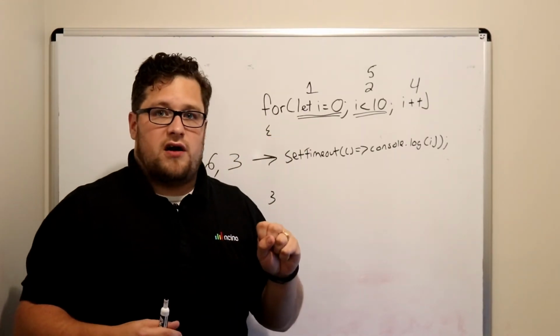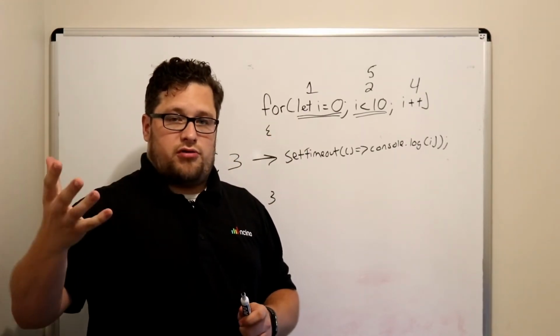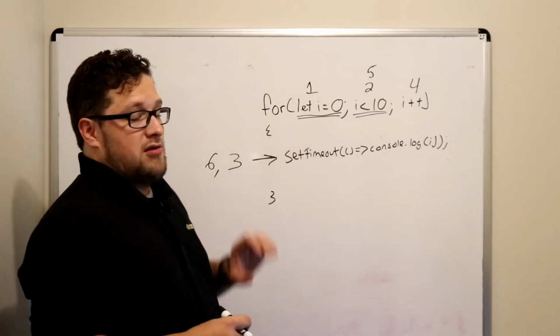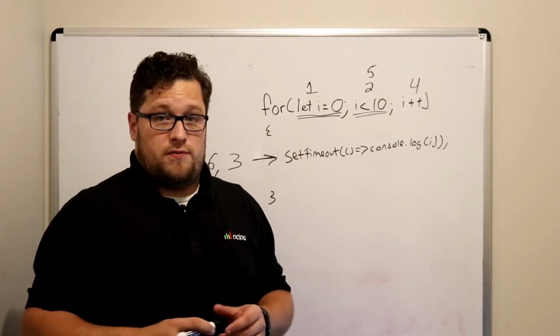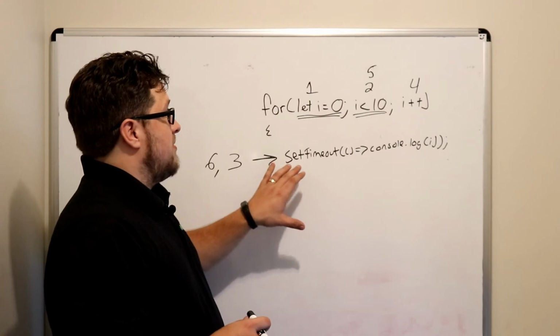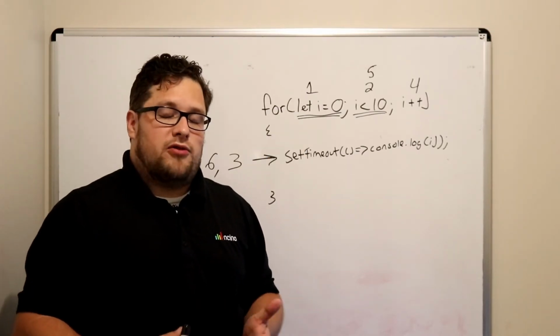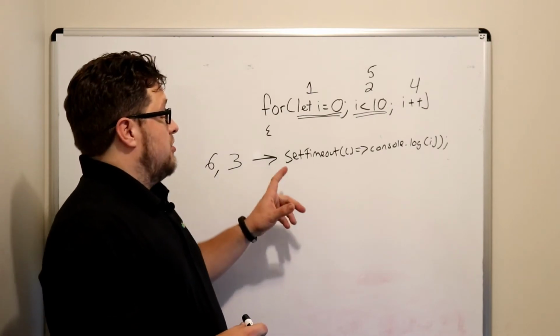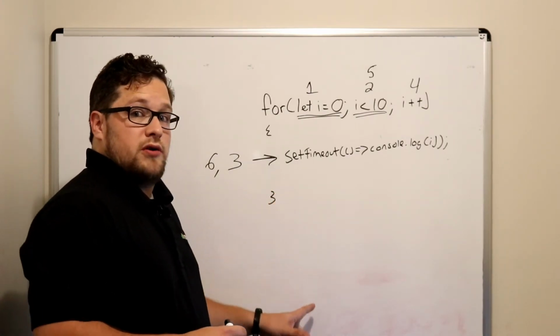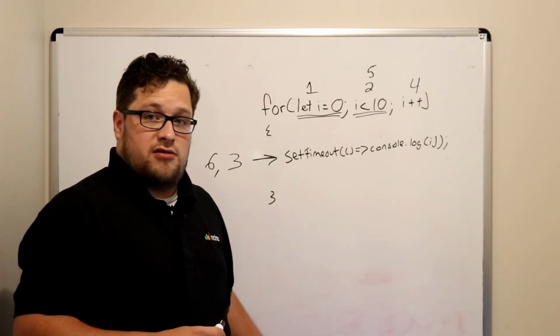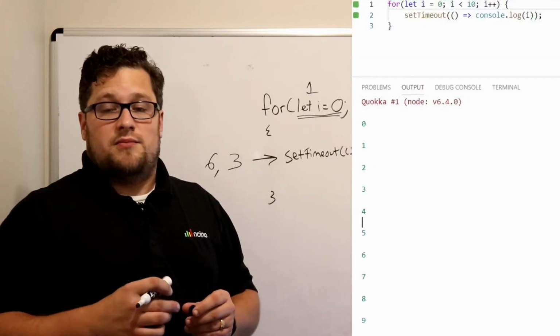So how I said var is on the function scope or the global scope, let is not. It's in a lexical scope. So you run this same code with let, you're going to get what you probably thought was the first answer. You're going to get the numbers 0, 1, 2, 3, 4, 5, 6, 7, 8, 9 printed out.